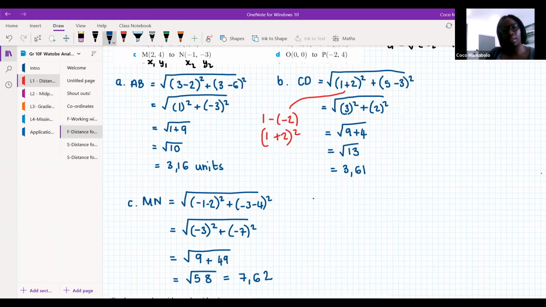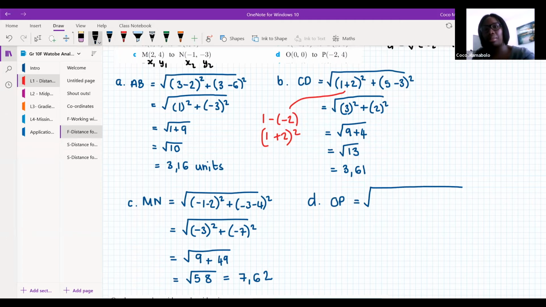Okay. And for the last one, D, I'm calculating for OP, which is equal to the square root of, and I'm going to name this one... I just cannot see, guys. My camera is blocking me here. X1 and Y1 and X2 and Y2.